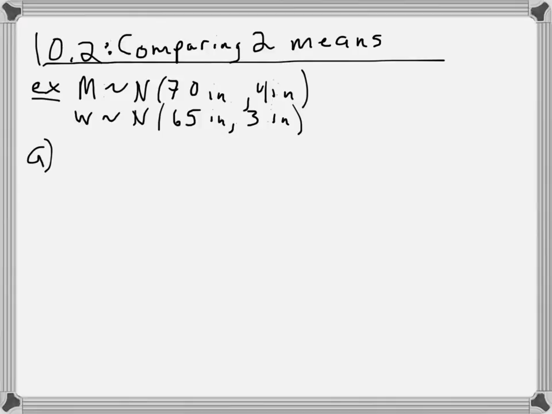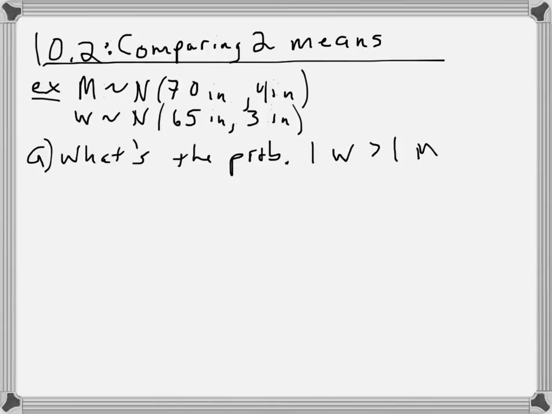So part A, we just said, what's the probability that one randomly selected female is taller than one randomly selected male? And again, I apologize, I'm paraphrasing, but for time's sake, we've done this before.